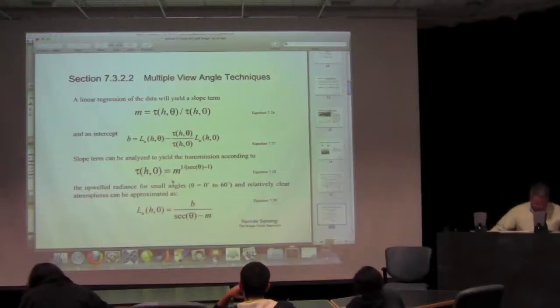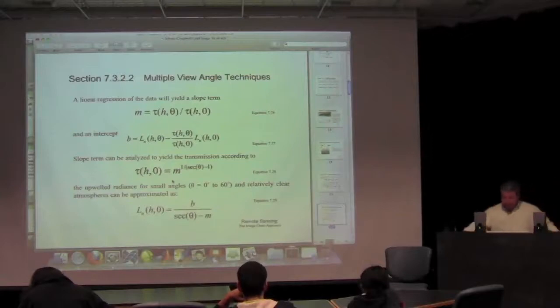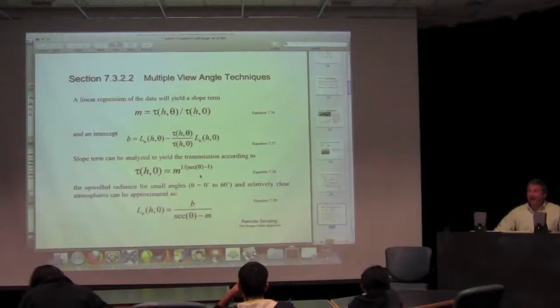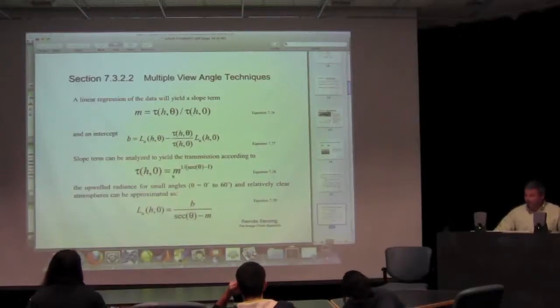All right, so there's a big jump in the text, where we go from these equations to this equation that says tau in the vertical viewing direction is the slope to the 1 minus secant theta minus 1. Right? And LU is the intercept over secant theta minus the slope.